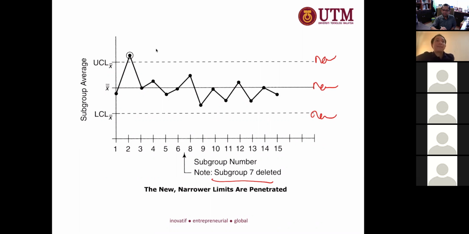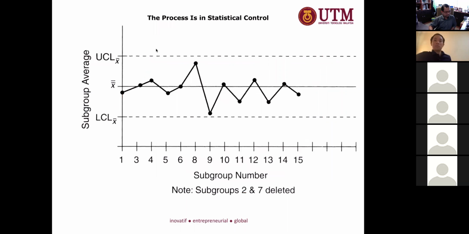But when I plot this, suddenly this one is an outlier. So again, I reject this one. So I delete subgroup 2. Now I delete 2 subgroups, subgroup 2 and 7.